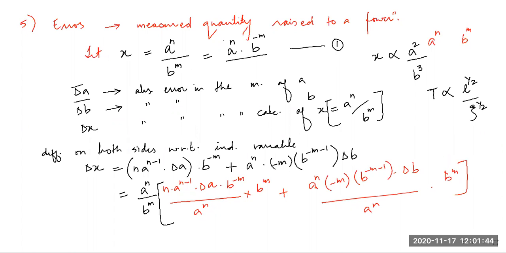Since I have a shortage of time, students, I want you to complete just one step yourself. You will get delta x is equal to x into n delta a by a minus m delta b by b.